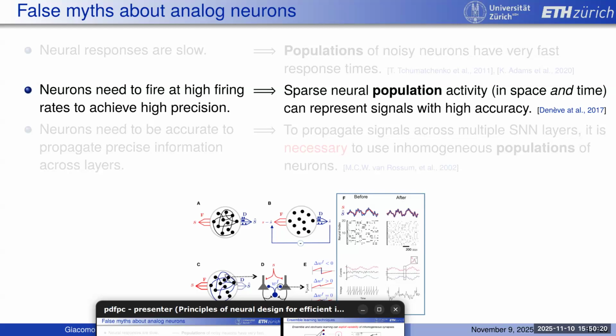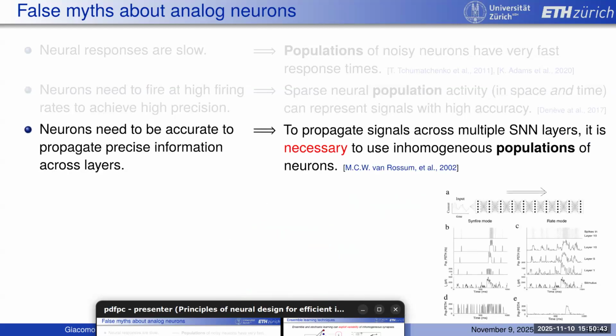So they can be very slow, and they can have a very small reconstruction error through training without having to fire at very high rates. So it's also a false myth that you can't have high accuracy with a very small number of spikes per second, provided you have a population. If you have only one, of course, you will lose a lot of signal.